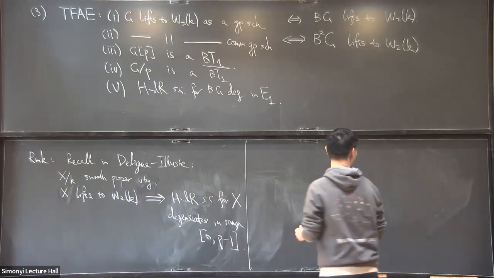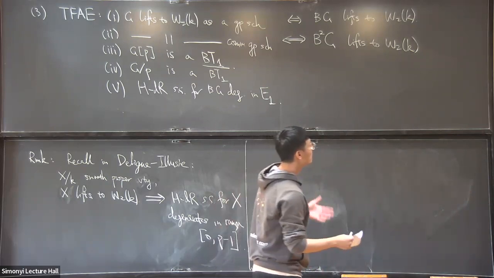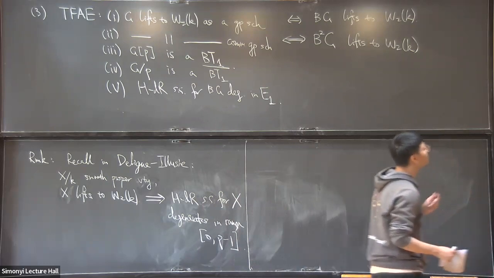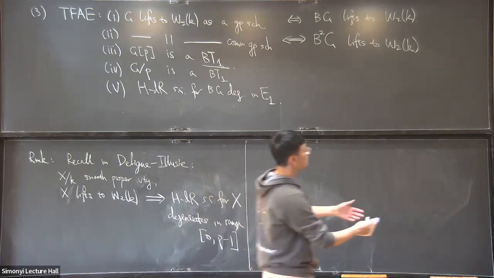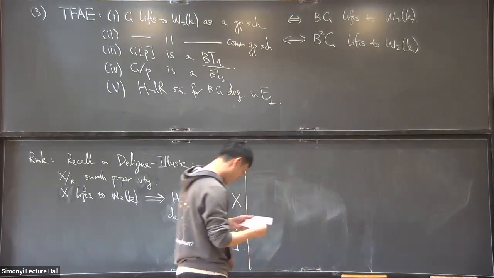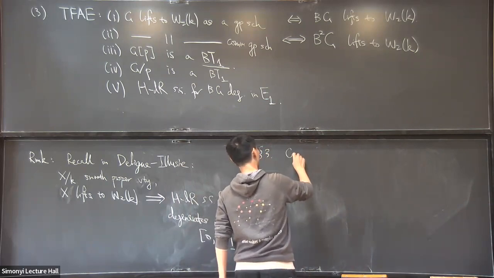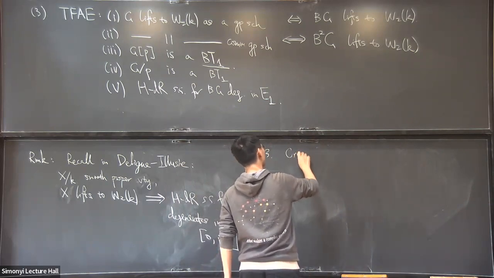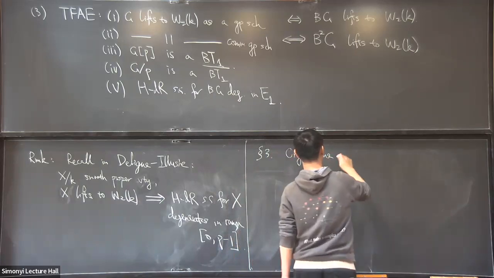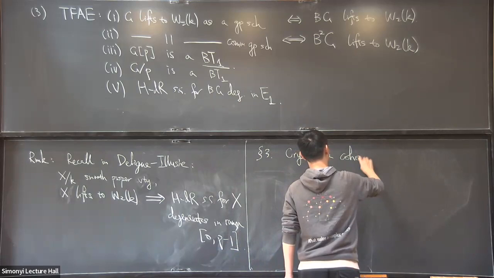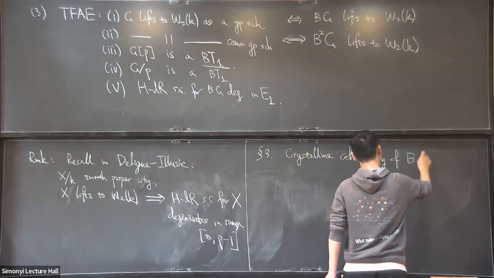Right. So the next part. As I said, not only are we interested in Hodge or de Rham cohomology, maybe we're also interested in this canonical deformation of de Rham cohomology, which is called crystalline cohomology of BG.